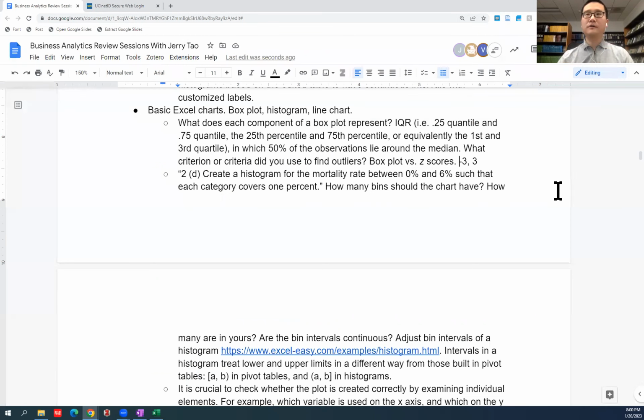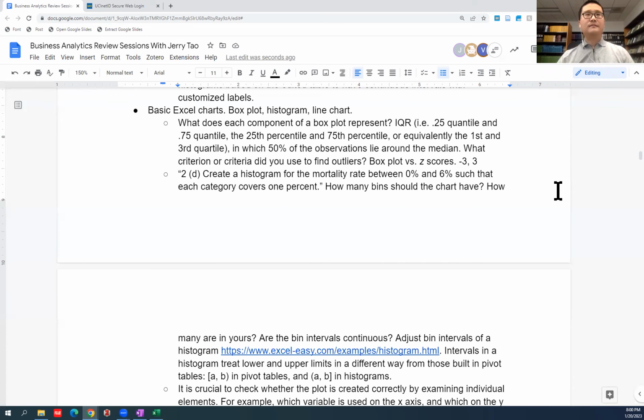So if it's below -2 or above 2, they recognize it as an outlier. So it depends on the sensitivity we want. Good try. To find outliers, we could use either a box plot or a z-score, but they use different criteria. Make sure you understand how outliers are defined.